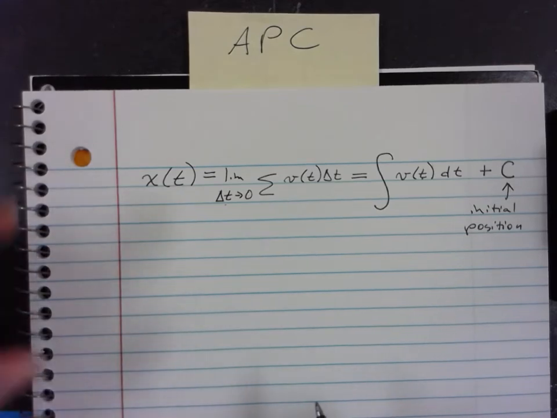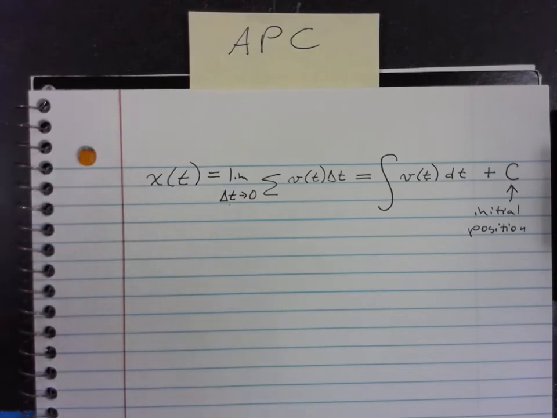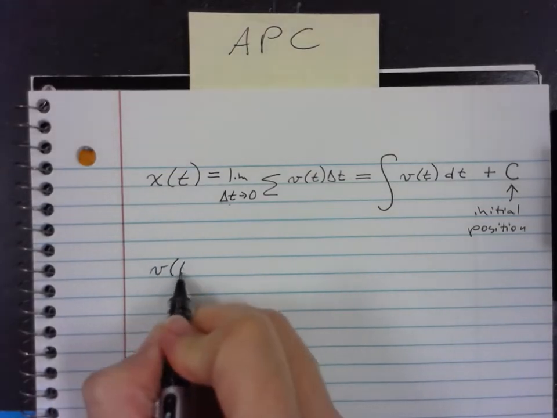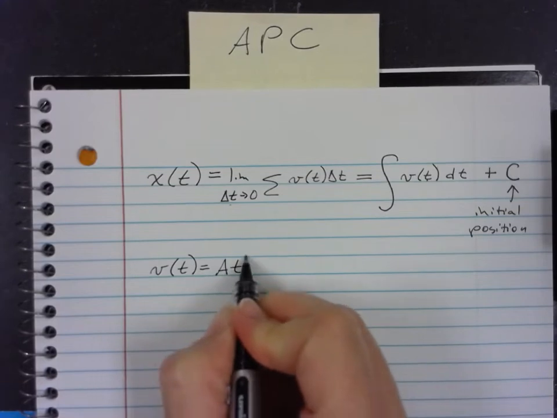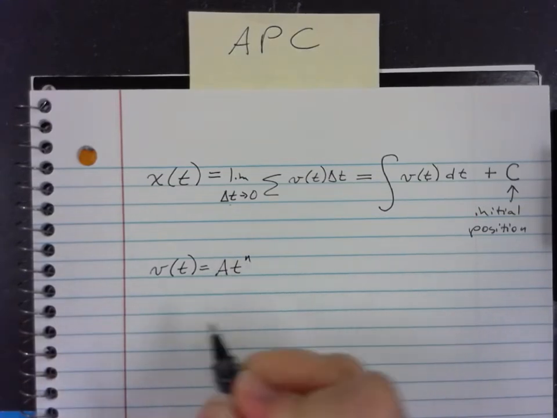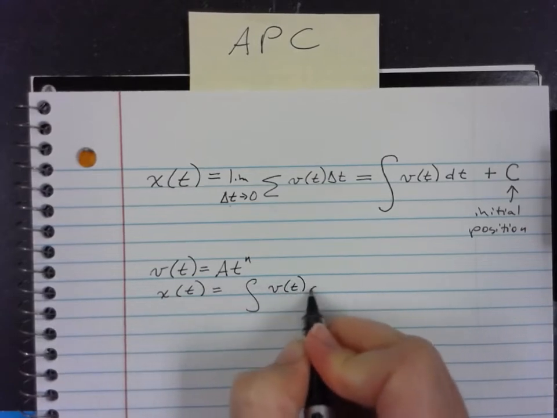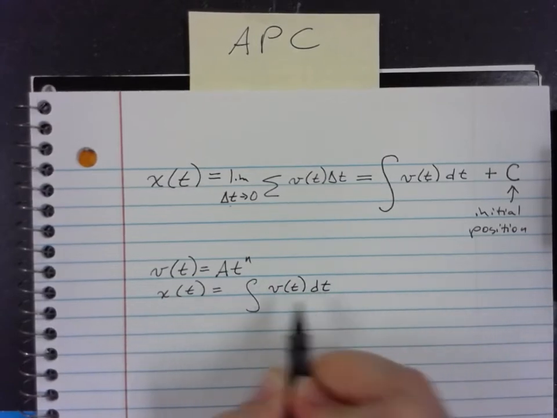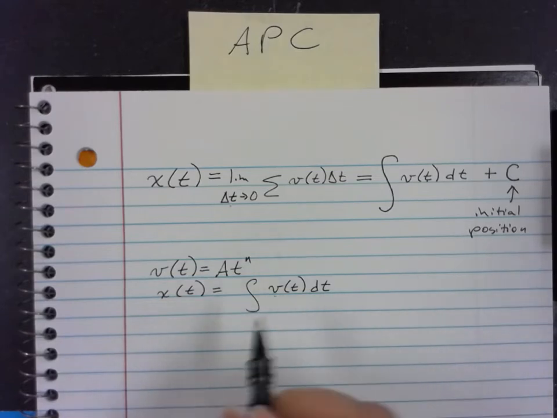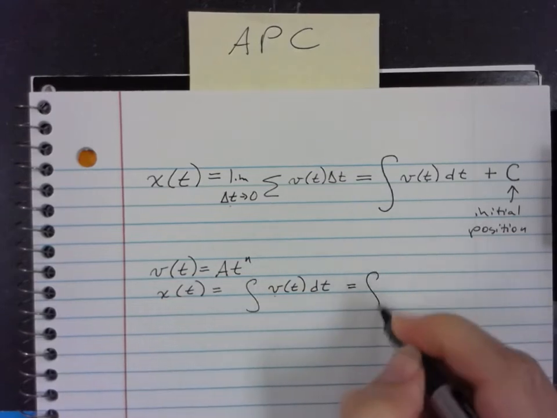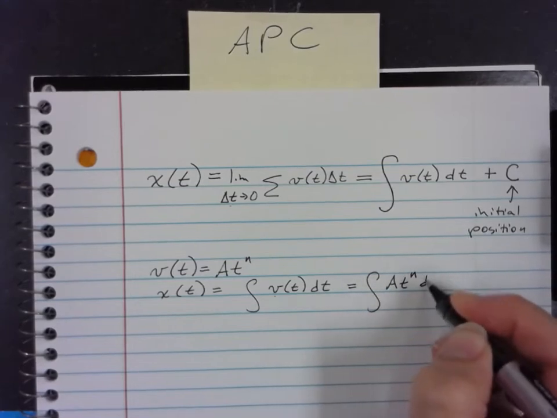So if you were in calculus, you'd spend some time actually calculating the sums of all those rectangles on the previous page, and then you'd get here, and then you would do a lot more stuff, and finally you'd learn the shortcut. So we're going to skip ahead to the shortcut. If your velocity function is given by a t to the n, then your position function, which is the integral of the velocity with respect to time, that's how you read that, is the integral of a t to the n dt.